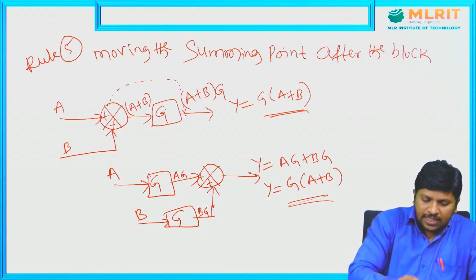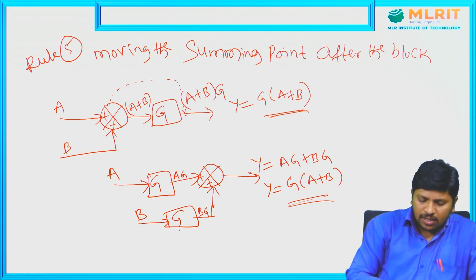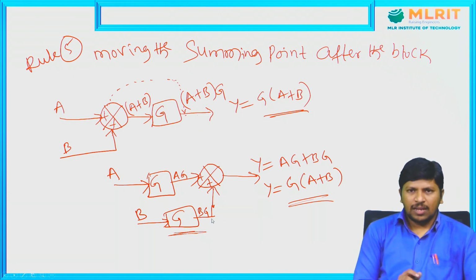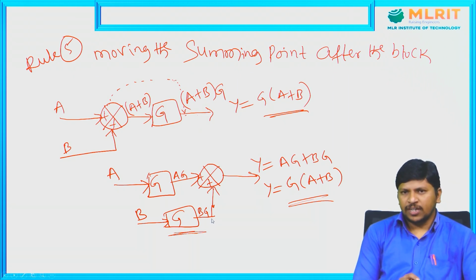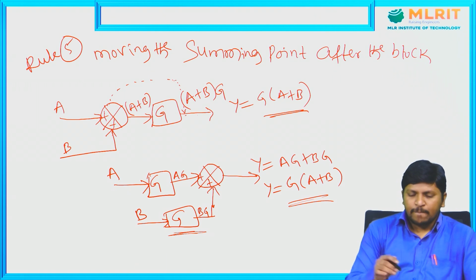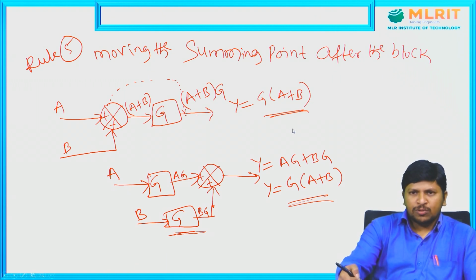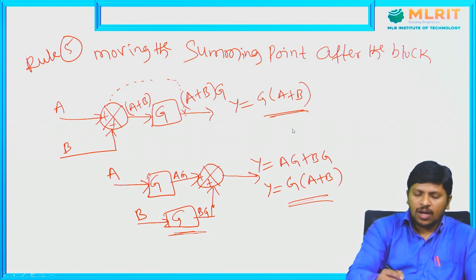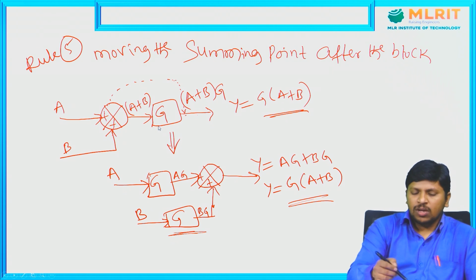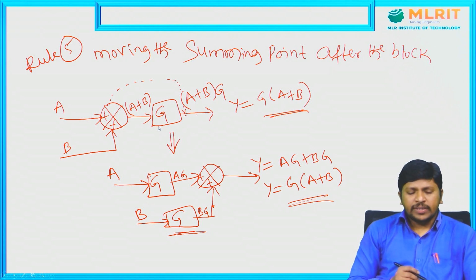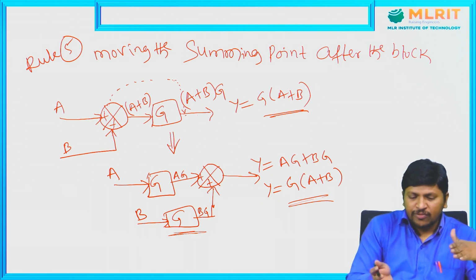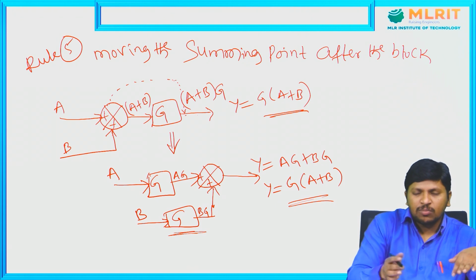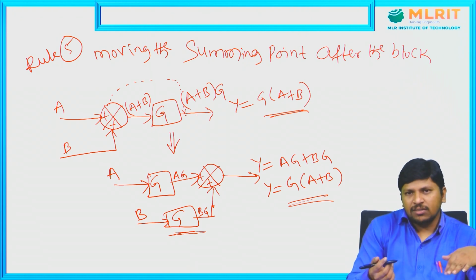So G is our gain, and that will be added in this, right? Like this we are going to reduce the block diagram. These are the same outputs, right? So this rule is also applicable.